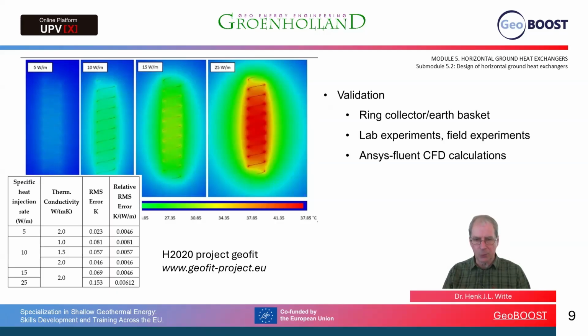The computational fluid dynamics was done in ANSYS Fluent, and you can see in the little table on the bottom left that for different heat injection rates and different thermal conductivities, the root mean square error is in all cases relatively small, especially if we move away a little bit from the actual rings. Again, this was part of the GeoFit project and has been published.